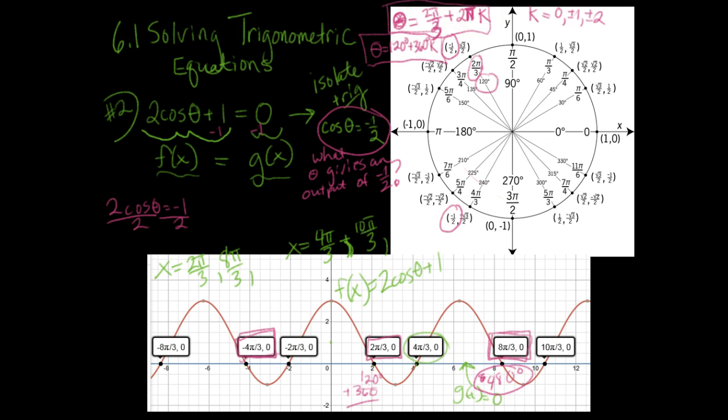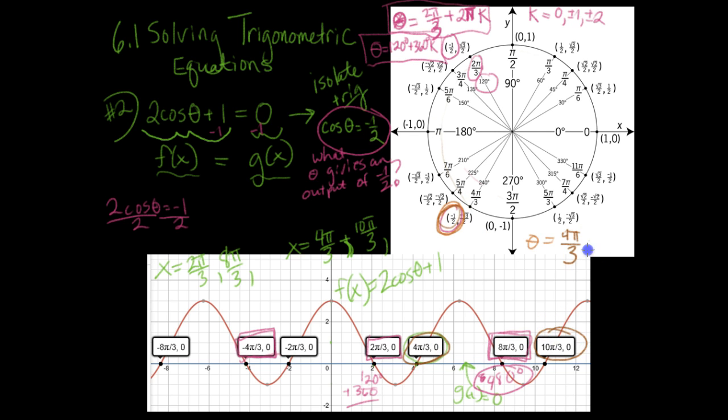How about some red? And remember, we have this solution down here. So theta can also equal 4 pi over 3. So if it's 4 pi over 3, do you agree that if I go around one full rotation, 4 pi over 3 would land me at 10 pi over 3?